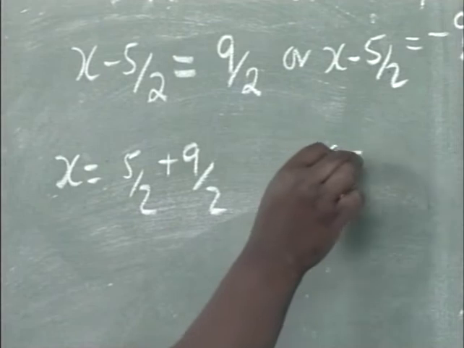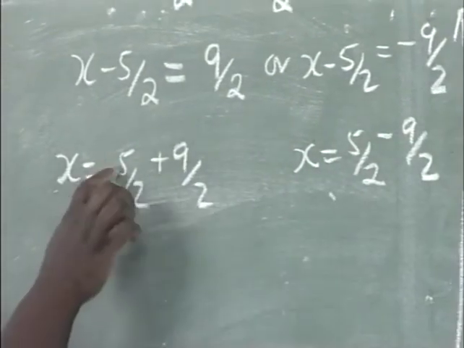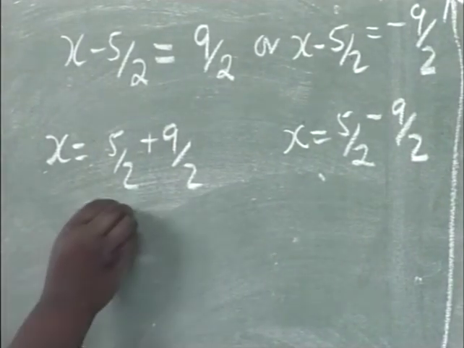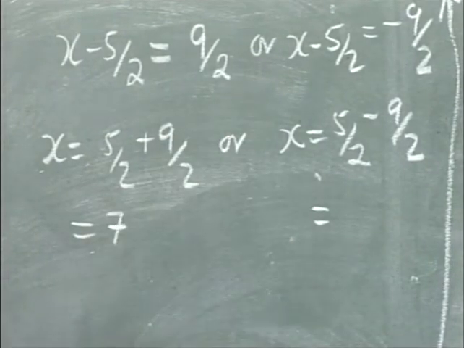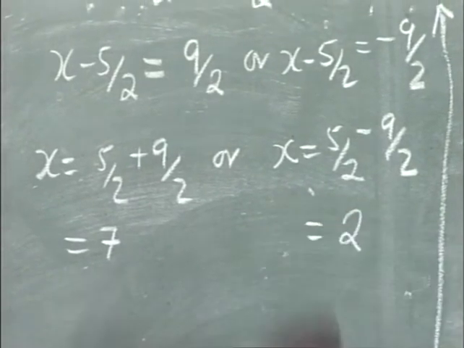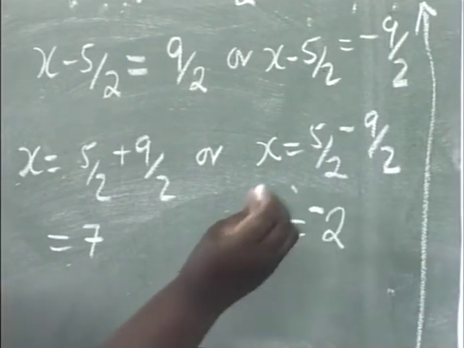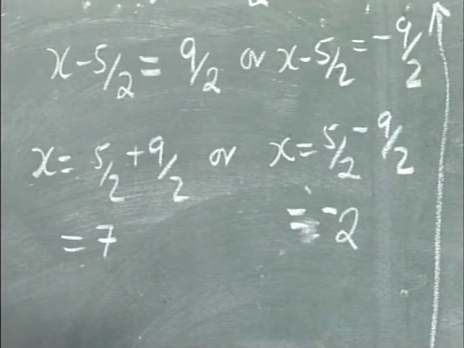This will give 5 on 2 minus 9 on 2. 5 on 2 plus 9 on 2 is the same as 14 on 2, right? Which is 7. This one will give 5 minus 9 is negative 4. Negative 4 on 2 is negative 2. So the answers are 7 and negative 2.